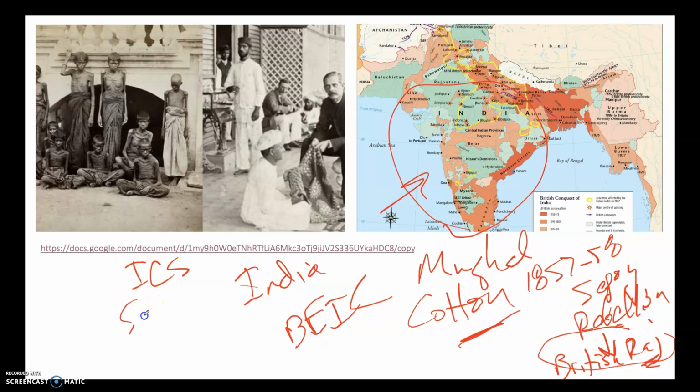Well, sati is prohibited, made illegal. Remember, widow burning on funeral pyres when the husband died. So that is gotten rid of. There is technology that is brought into India, like railroads. Sewage helps lower incidence of disease like cholera.